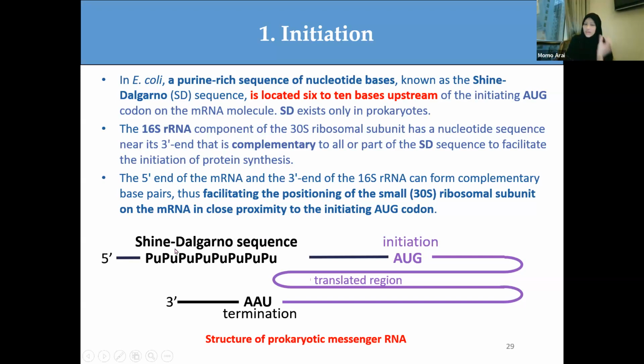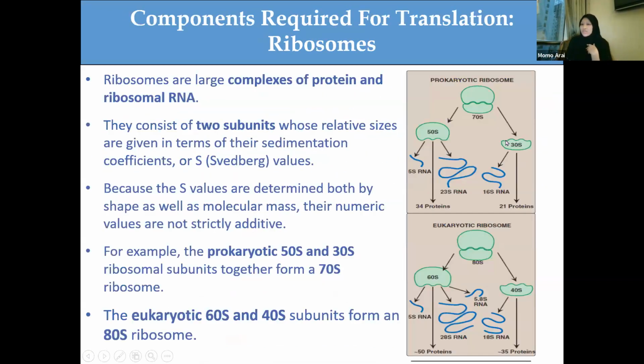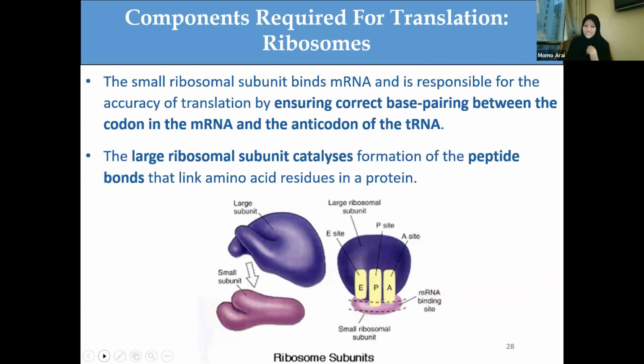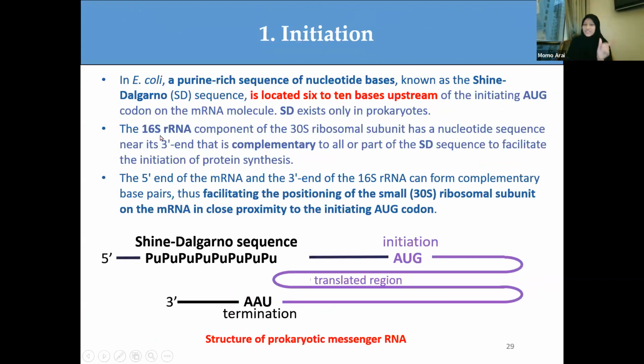In prokaryotes, the small ribosomal subunit recognizes this Shine-Dalgarno sequence. Which part of the small ribosome? The 16S rRNA. That's why I was saying it's good to know them. The small ribosomal subunit of prokaryotes has only 16S, so you won't get confused with any other RNA there. Whenever they say 16S, that's the small subunit of prokaryotes.